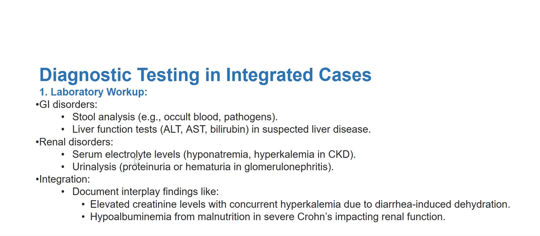Renal disorders: serum electrolyte levels, hyponatremia, hyperkalemia, and CKD (chronic kidney disease), urine analysis, proteinuria or hematuria and glomerulonephritis. Integration here: document interplay findings like elevated creatinine levels with concurrent hyperkalemia due to diarrhea-induced dehydration, hypoalbuminemia from malnutrition, and severe Crohn's impacting renal function or kidney function.